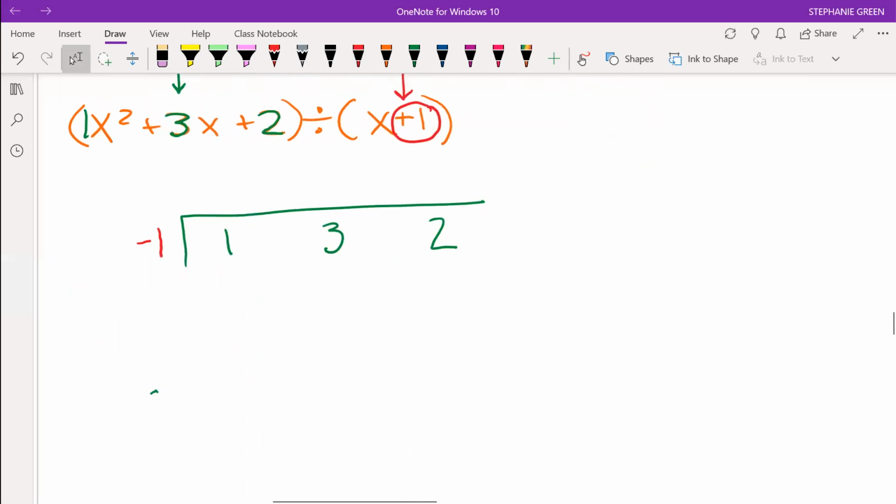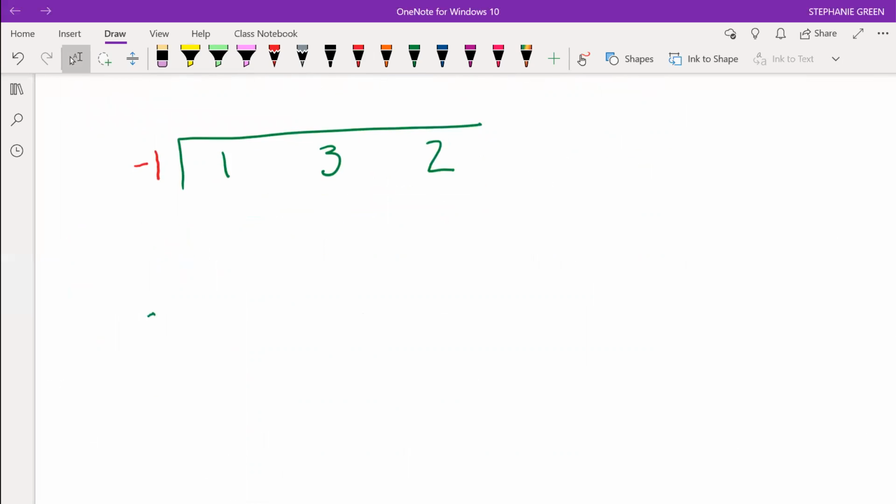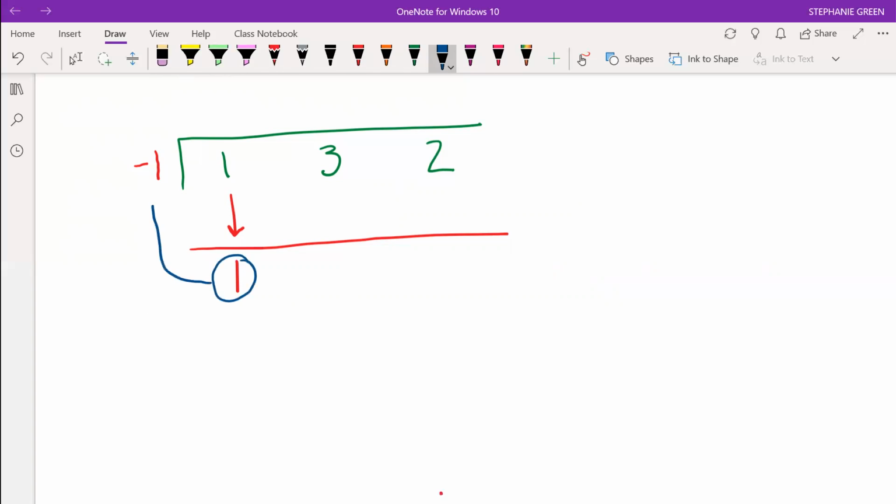So here's my division problem all set up. The first thing that we're going to do now is drop down this first coefficient. Then we're going to do the process, multiply, add, multiply, add, multiply, add until we are done. So when we multiply, I'm multiplying this bottom number by the number over here, my divisor, which is 1 times negative 1, is negative 1.